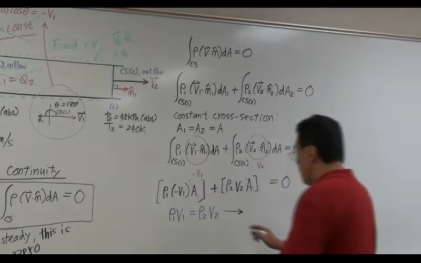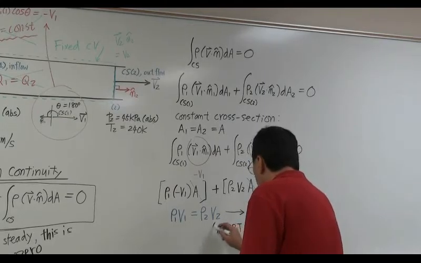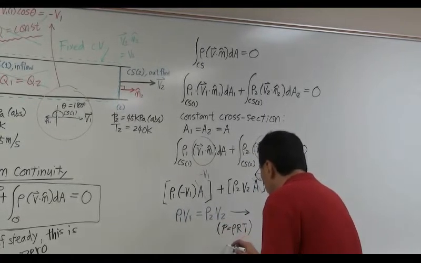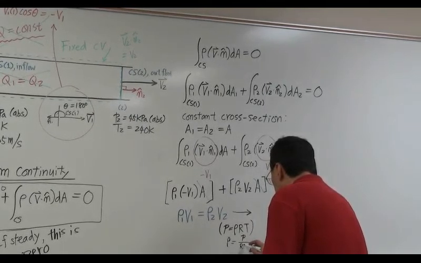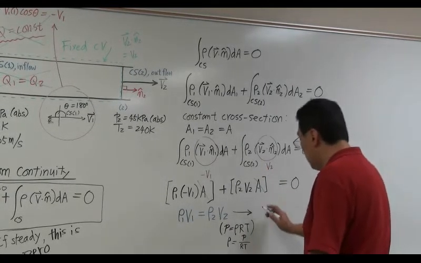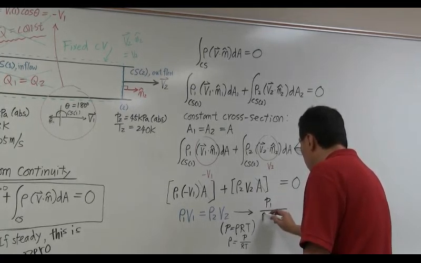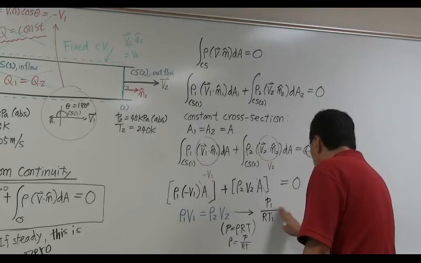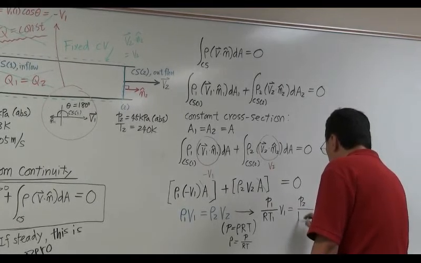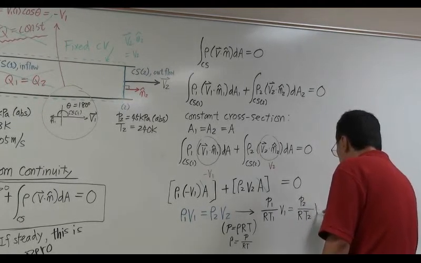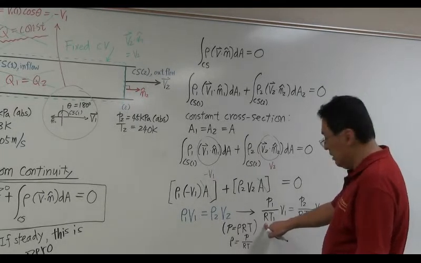So we are going to apply P equal to rho RT, equation of state. In other words, rho equal to P over RT. So rho 1 is P1 divided by RT1 multiplied by velocity V1, which is equal to P2 over RT2 times velocity V2. Once again, the gas constant is a constant value.